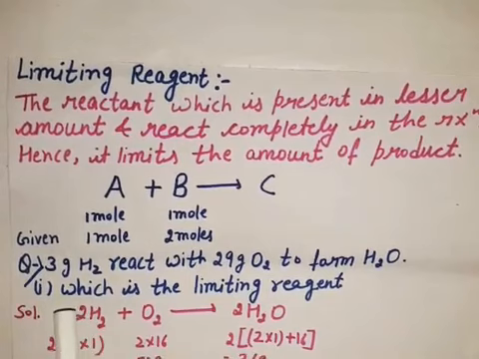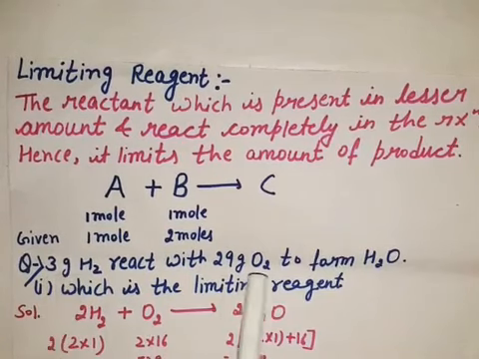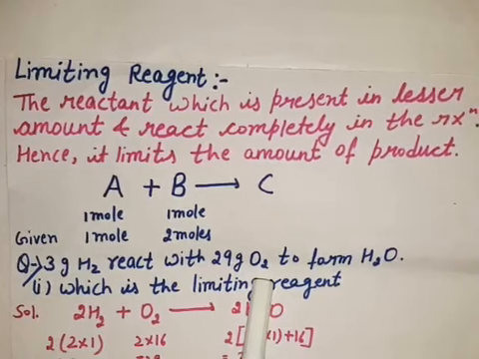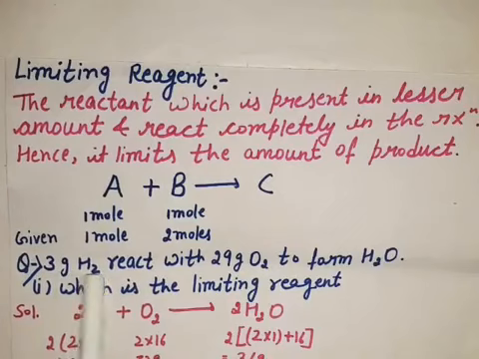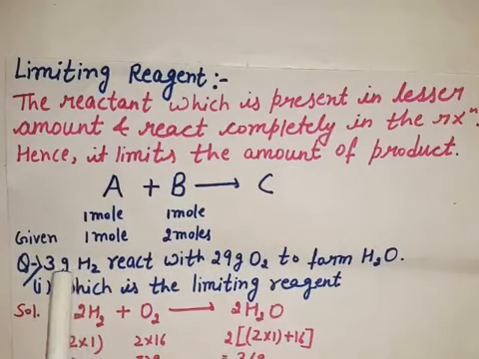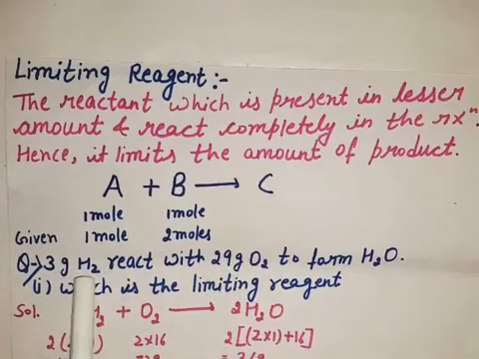Remember students, just by looking at the amount of the reagents, we cannot tell which one is the limiting reagent. Here 3 gram of hydrogen reacts with 29 gram of oxygen. So you cannot say that it is 3 gram, it is 29 gram, so this is the limiting reagent.